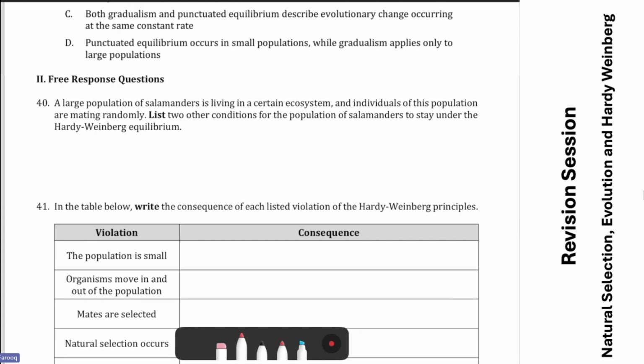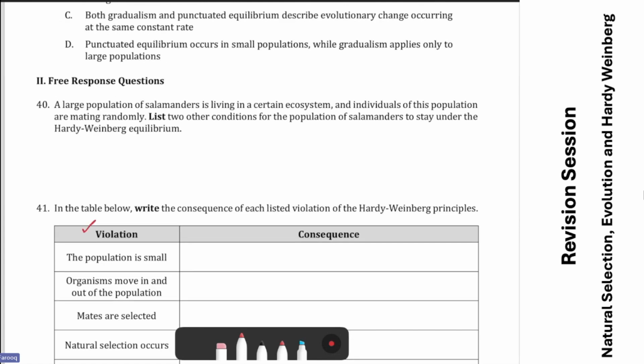So before this one, we need to say a large population of the salamanders is living in certain ecosystem and individuals of this population are mating randomly. So we have already large population. Okay, so this is principle number one. Mating randomly, random mating, this is principle number two. List two other conditions. So please remember over here, they want you to list other conditions.